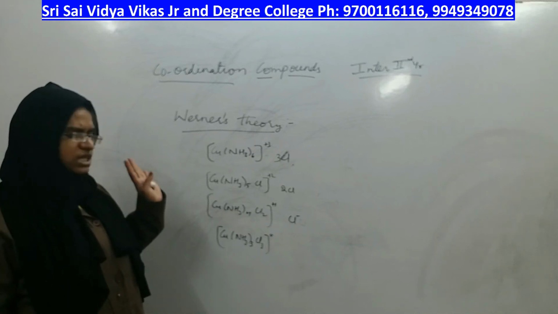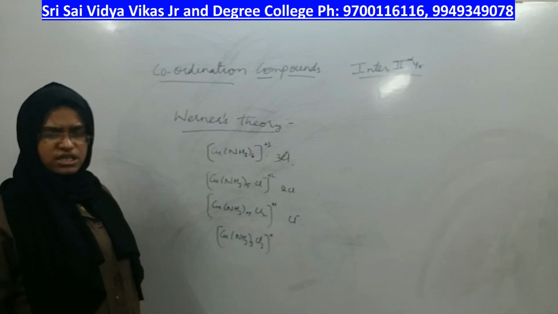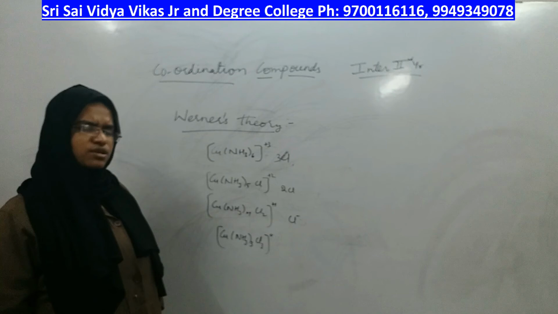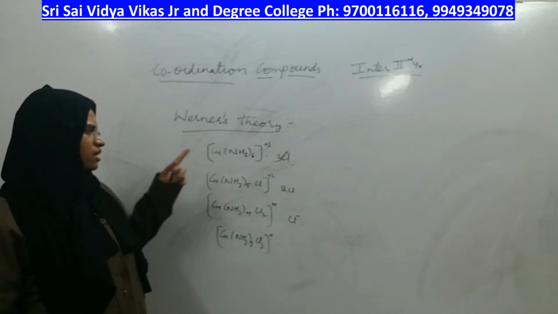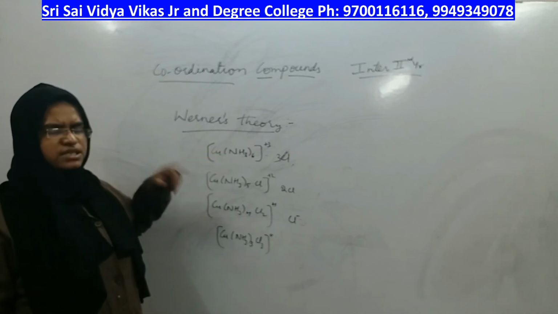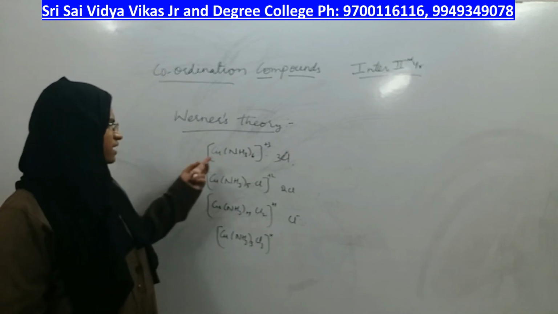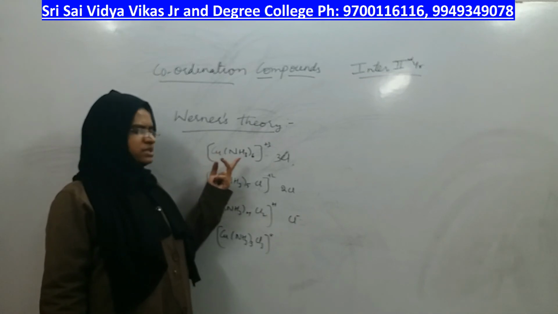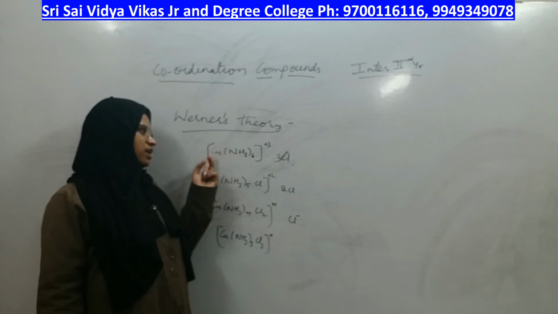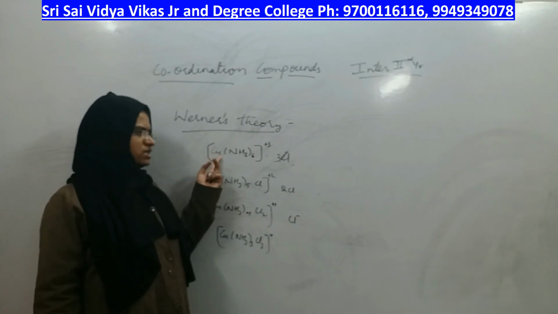To make the coordination compound, you need how many chlorines? Only 3. With those 3 chlorines and ammonia, you get this complex. What is the secondary valency? The number of atoms or groups present inside the coordination sphere surrounding the central metal ion is called secondary valency.